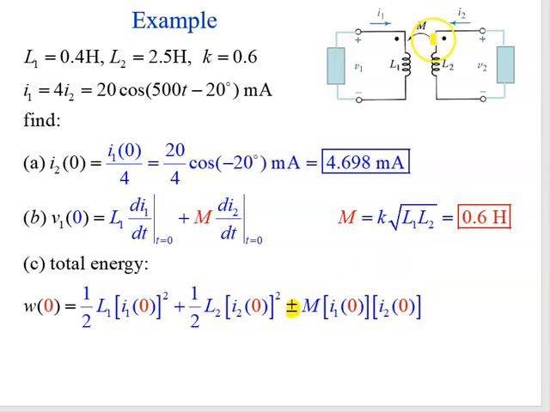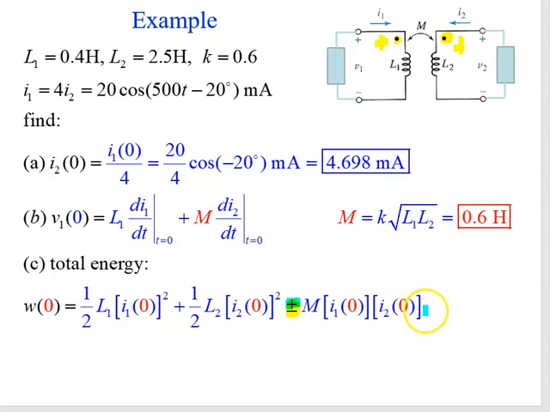Since current I2 flows in, it's going to create a positive voltage up here, and current I1 flowing into here creates a positive voltage here. What we end up with is the positive, so we're going to use plus M I1(0) I2(0).